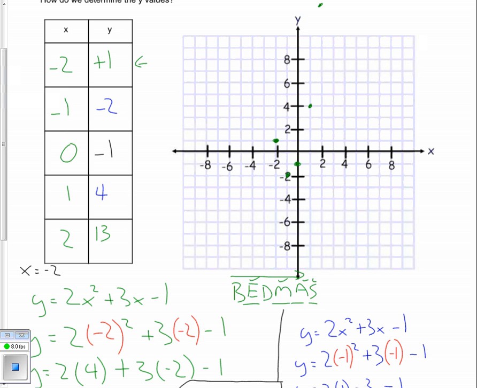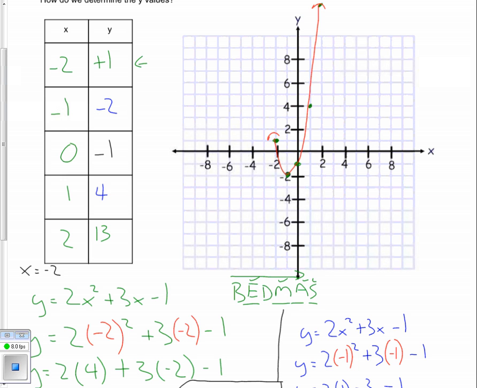Okay, and so once you have that piece of information, you can actually graph them together. So what I'm going to do is I'm just going to try and join these lines as smoothly as possible. Okay, and so we'll see how successful I can be. Okay, and so what we end up having here, this is actually a U shape. It is a parabola.